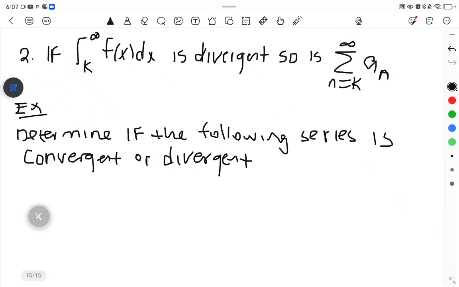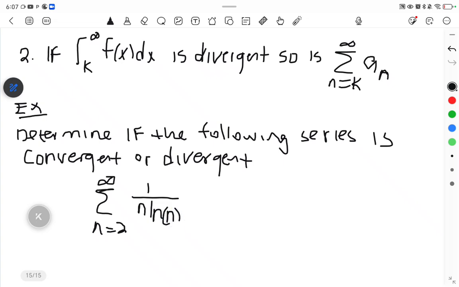All right, and the series is as follows: the sum of 1 over n ln n. You see, right?